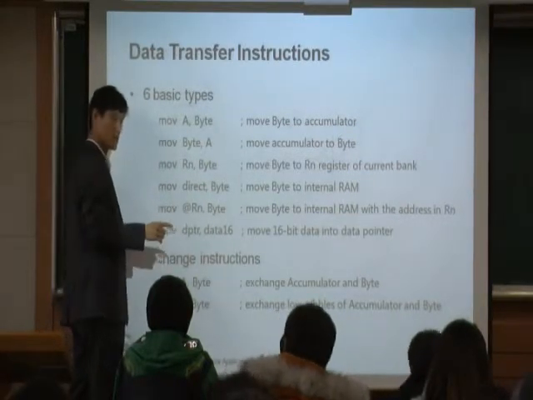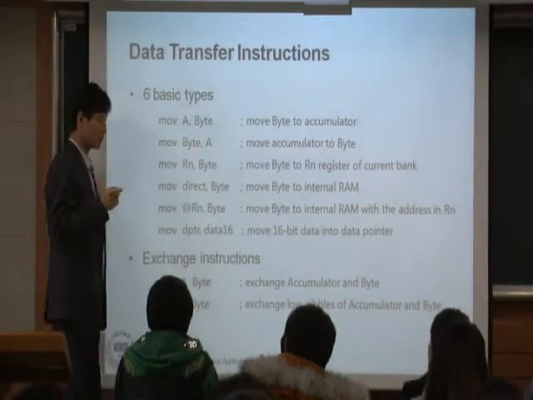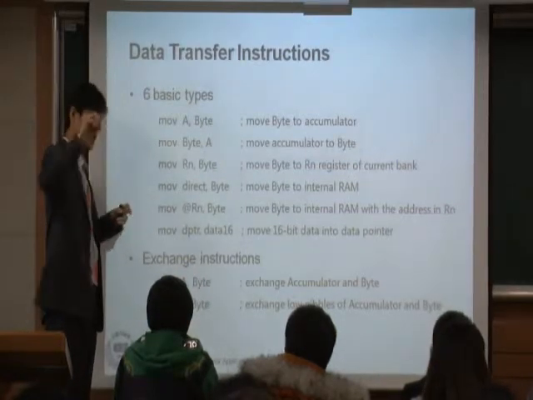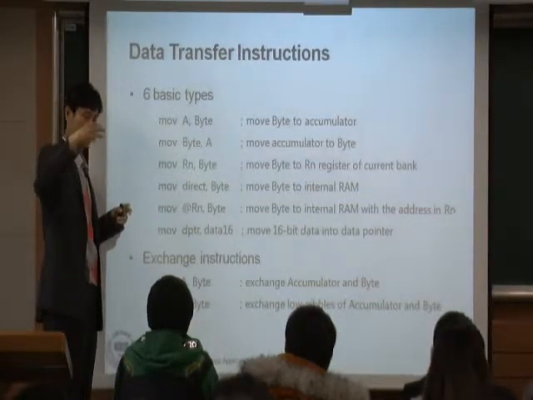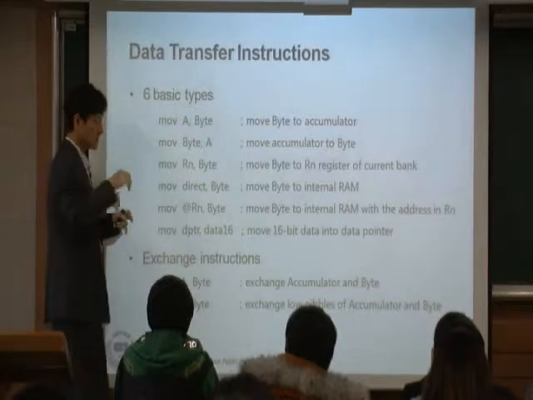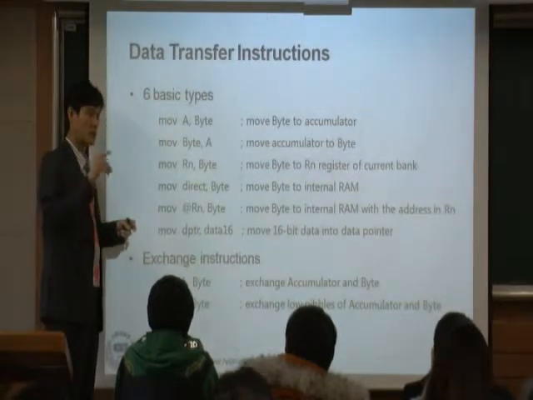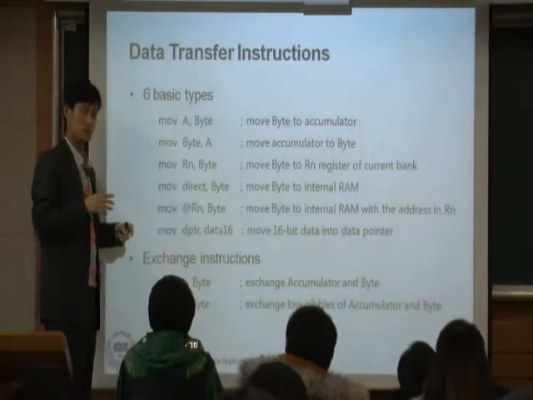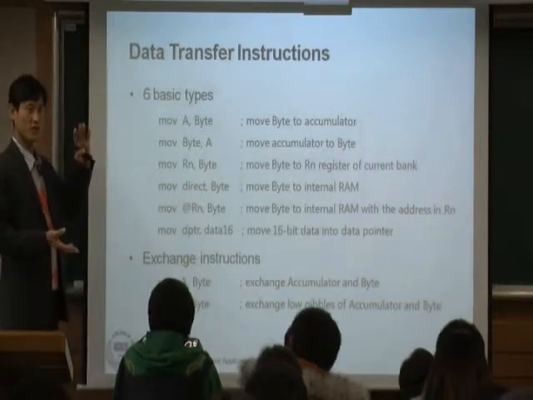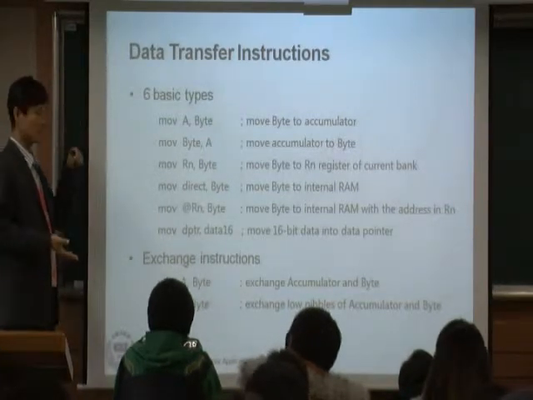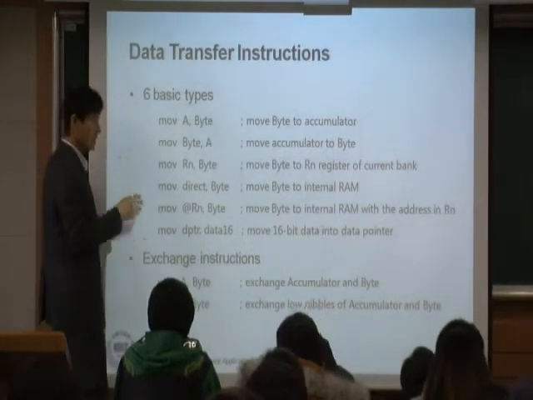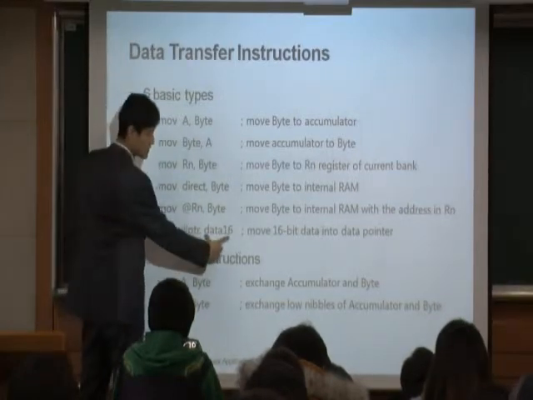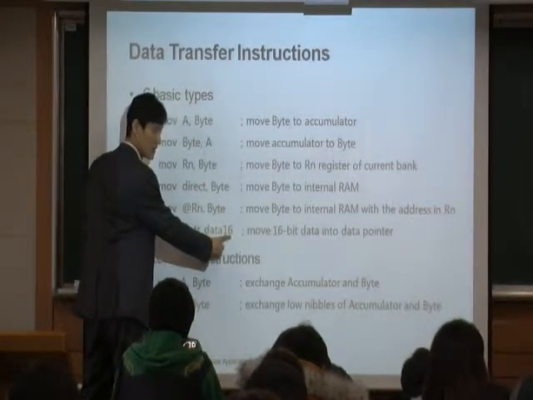But sometimes you want to copy the value from internal to external memory, or external to internal. In that case, for external memory, you will have a 16-bit address. Remember that we have a 16-bit address, 64K address space. That's the external memory. So if that's the case, then we have 16-bit data.